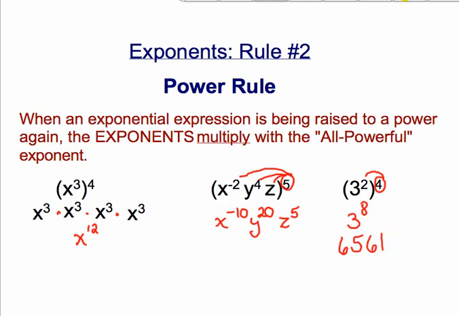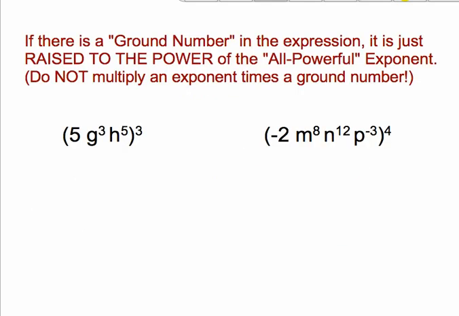So let's take a look at what will happen if we make these problems a little bit bigger. In our next problem, we have 5g to the third, h to the 5th, all raised to the 3rd power. Now remember, it's the exponents that are multiplying by this all-powerful exponent. Notice this 5 here. It doesn't have an exponent on it, so it's like 5 to the 1st power.